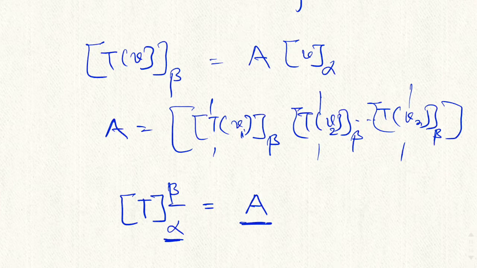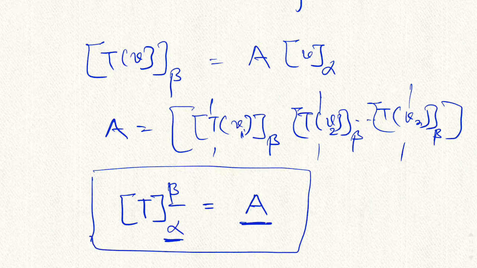So we denote the matrix of the linear transformation T with respect to alpha and beta by the following notation. In some books it is also written as alpha beta, something like that. The only thing we need to understand here is that alpha is the basis of V and beta is the basis of W.